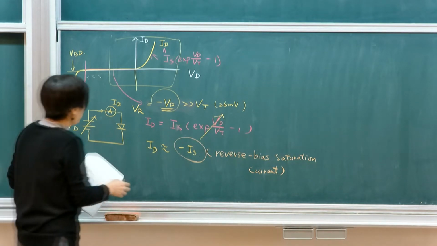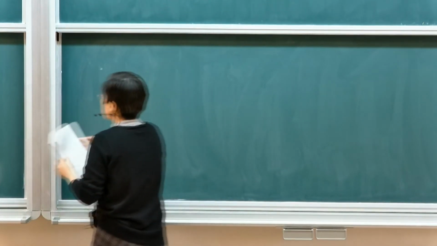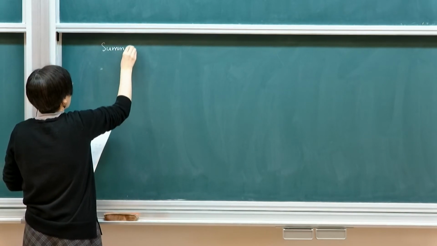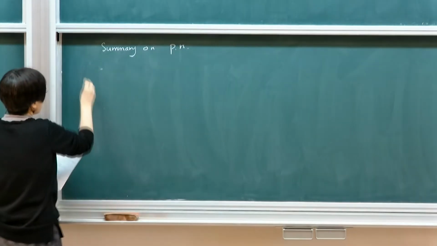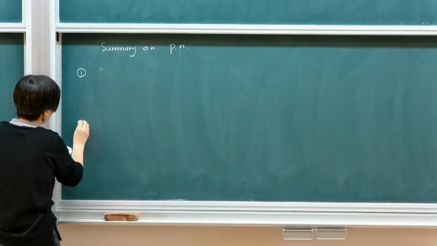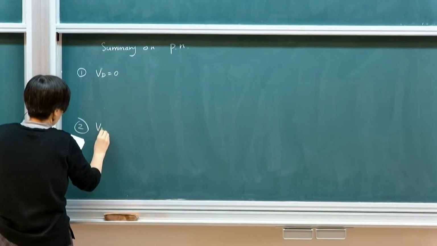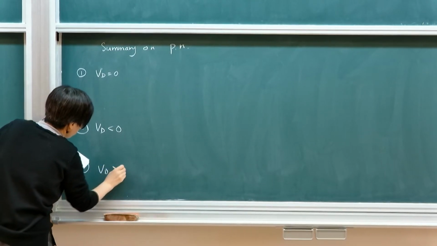So before we move on to the last part of chapter 2, which is the modeling of the device, I wanted to make a brief summary of what we have already talked about on the PN junction. First of all, there are 3 conditions: zero bias, where VD equals 0, equilibrium; VD is reverse; and VD is positive.